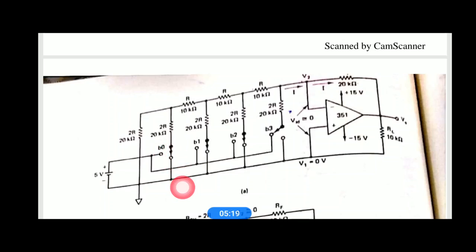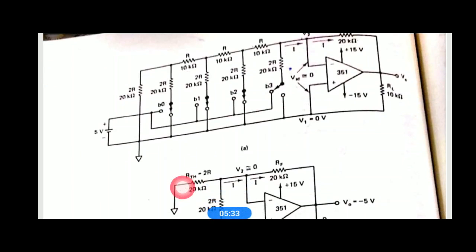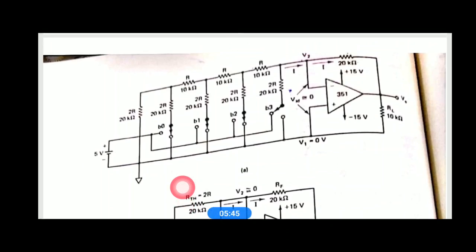So using this concept, we can give the input to the R to 2R circuit. So let's take one example as an input here, and we will analyze what output voltage we are getting. This is the circuit.